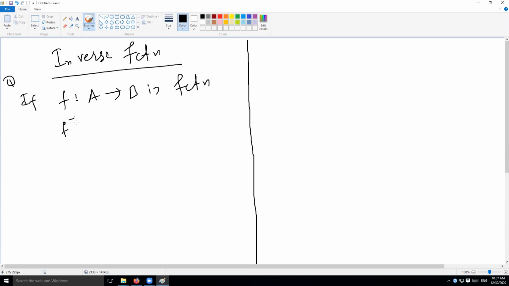the f inverse, okay, but what I need to explain first is what do I mean by f inverse actually. So let me give you an example first and then write this question actually, because then this is going to make more sense.